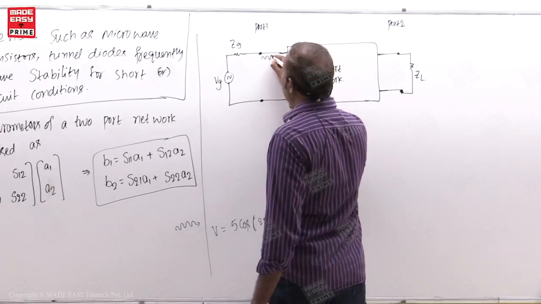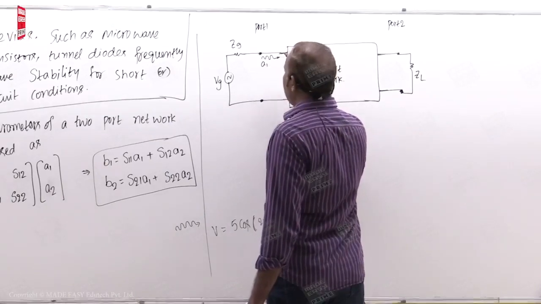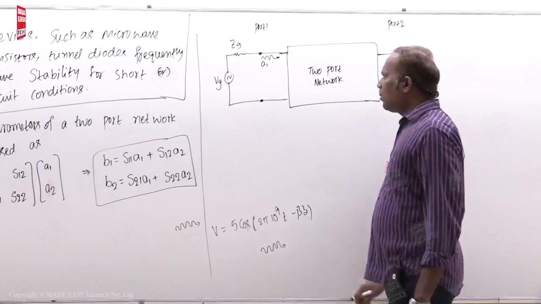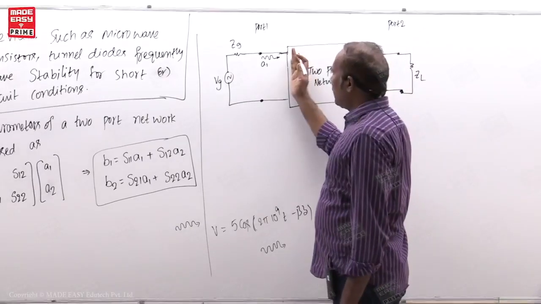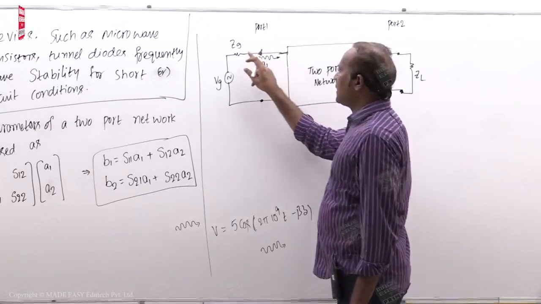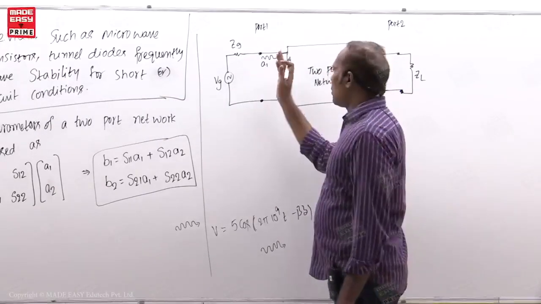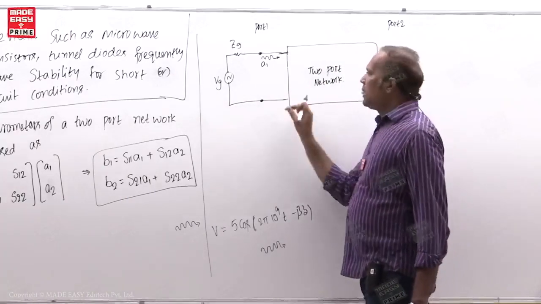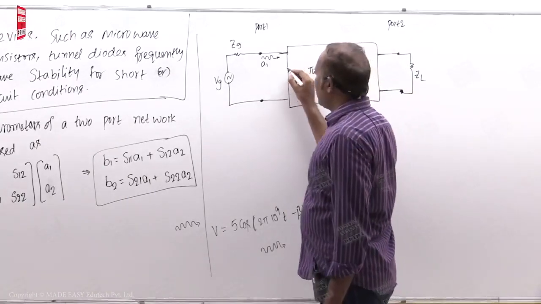So here the A1 signal is called the incident wave. Now at port 1, if the impedance is matching, that means the input impedance and this ZG are equal, then the total signal enters the two-port network. If there is no matching here, then something is reflected.